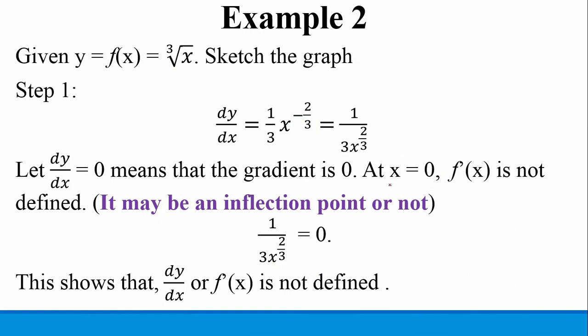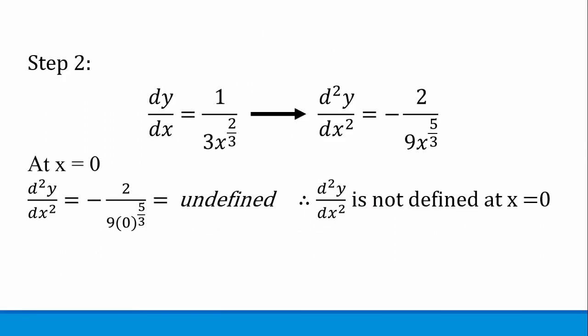For this case, we say that when x equals 0, it becomes undefined because 1 over 0 is undefined.